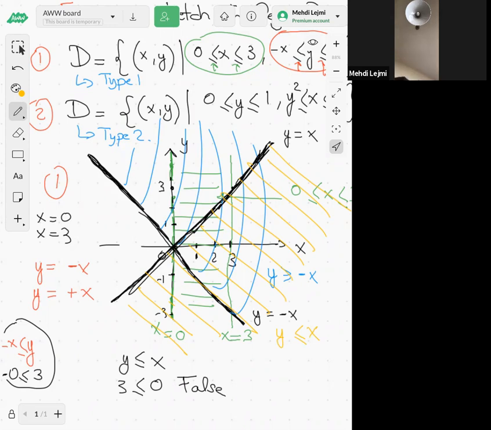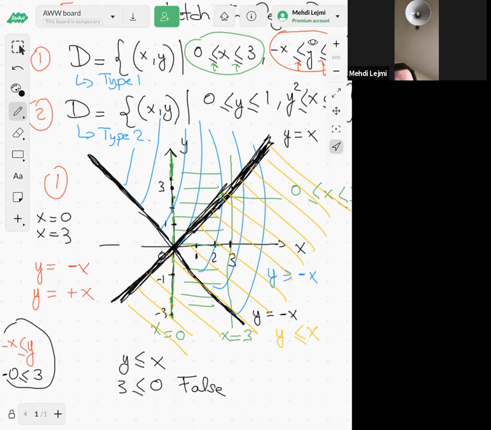Again, y equals to x divides your plane into two different regions, the one on the left and the one on the right. All you have to do to check which one is where y is less than x is take a point and check whether its coordinates satisfy the inequality. Now, what will be the intersection of the green, yellow, and blue regions?